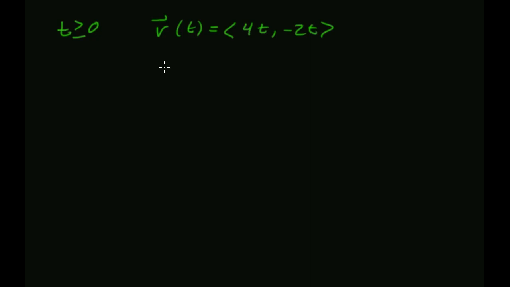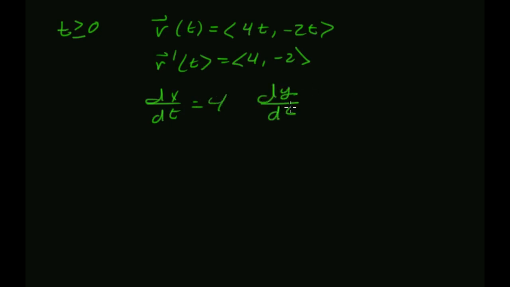So let's think for a second here. If I take the velocity vector of this, I'm going to get 4, -2, right? So this tells me that dx/dt is 4, dy/dt is -2, which means that dy/dx is -2 over 4, or -1/2.